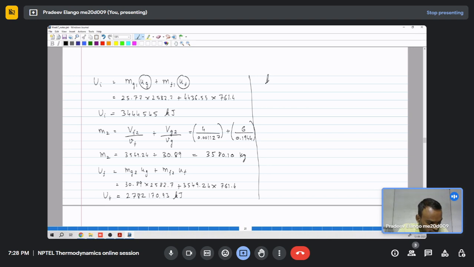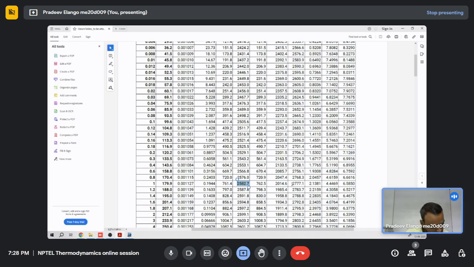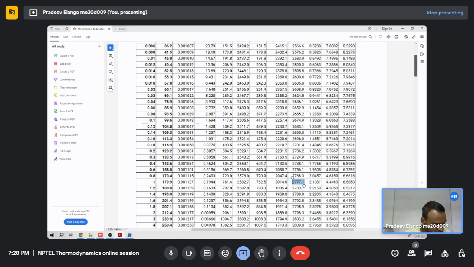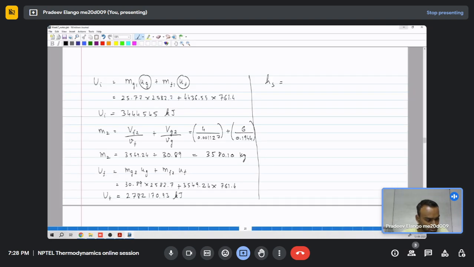Now we want to calculate the enthalpy lost in the steam. So Hg can be obtained from the table. That is 2777.1 kilojoule per kg.